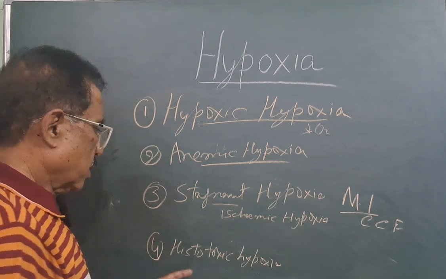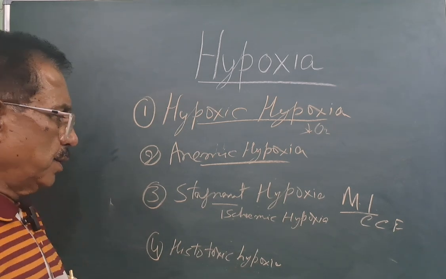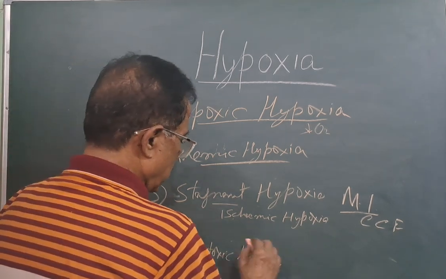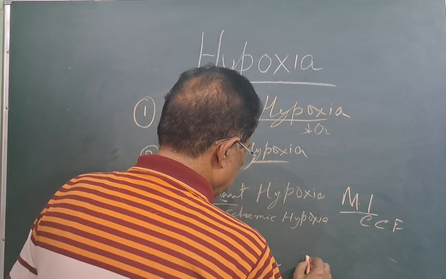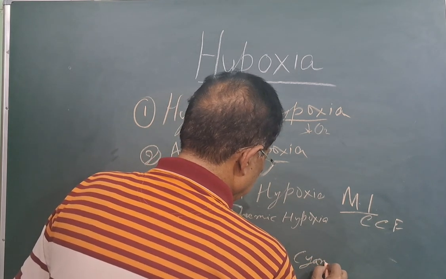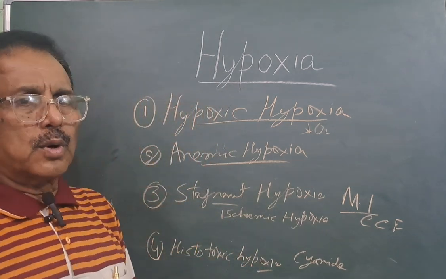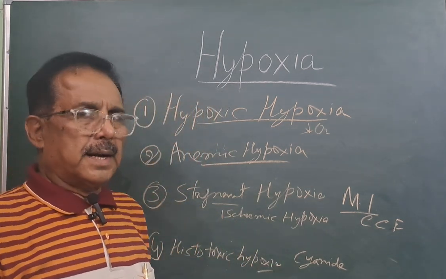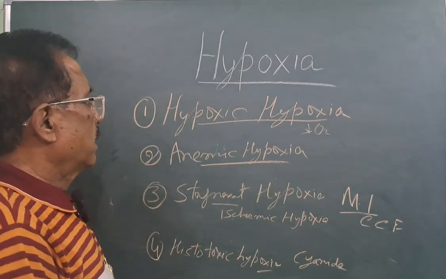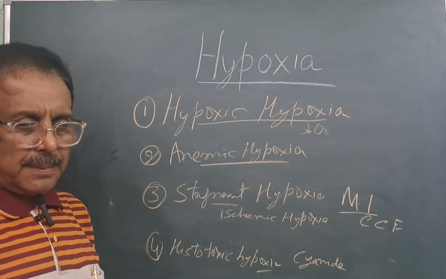And then histotoxic hypoxia, tissues or cells are not able to utilize oxygen. This occurs in certain poisoning, especially cyanide poisoning, which blocks cytochrome oxidase in the cell so oxygen is not utilized. These are the 4 types of hypoxia.